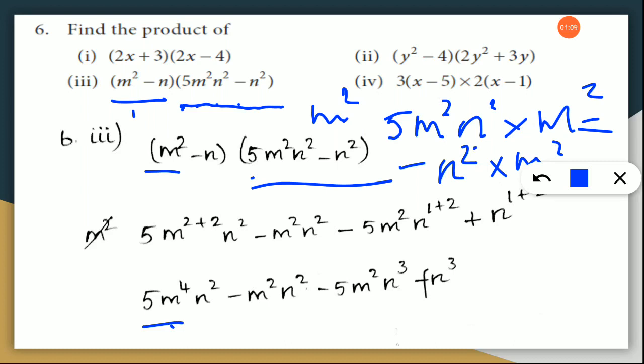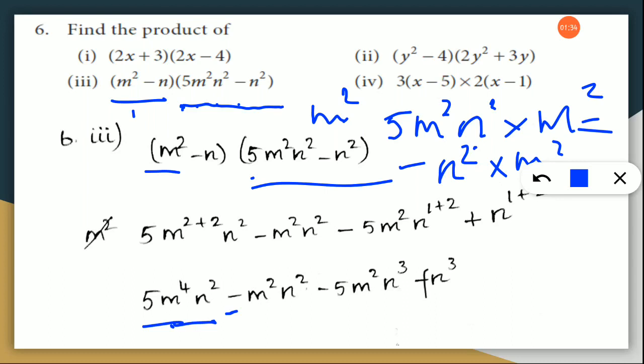Here n square is there, and here no variable n is given, so directly we can write it as n square. And the next step, minus sign is here, minus n square is multiplied with m square. So what will happen? Two are different variables, so both should be written as a product term, m square n square. But the minus sign is here since they are unlike signs.